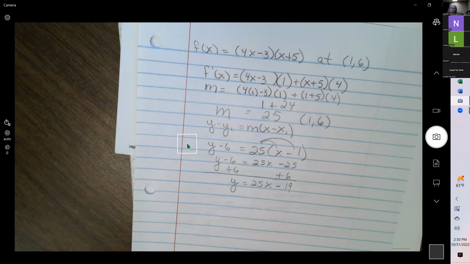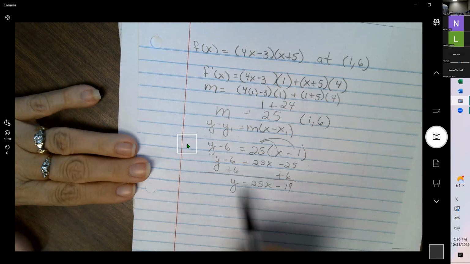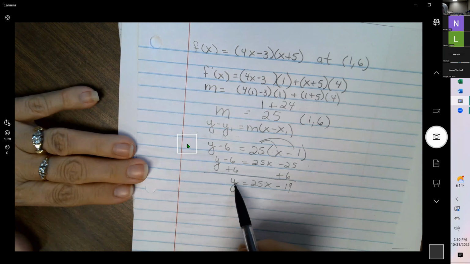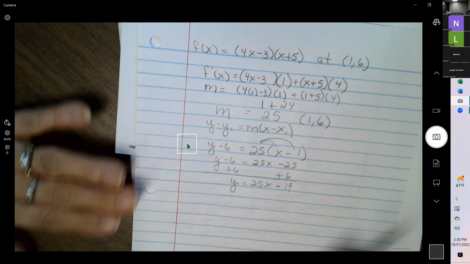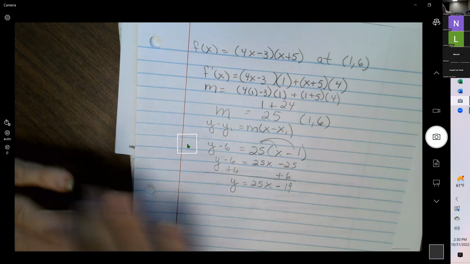Any questions on that? I will definitely ask you to solve it for y, simply because otherwise I could have so many different versions, but solve for y, they're all the same.